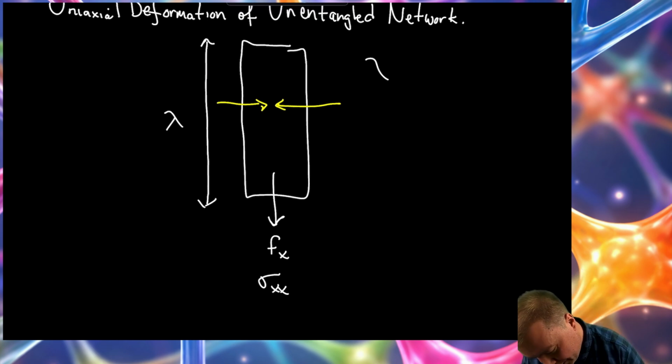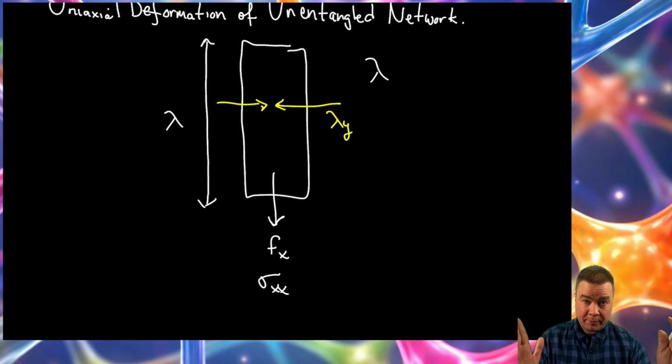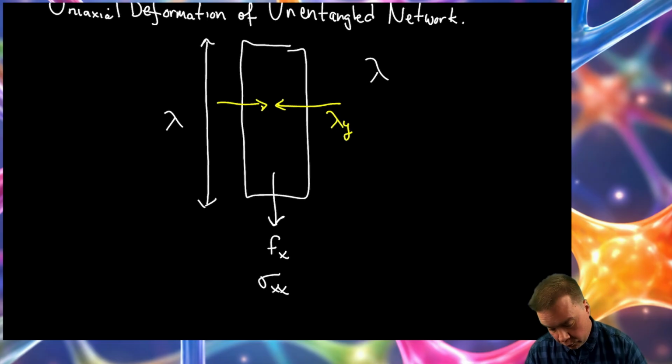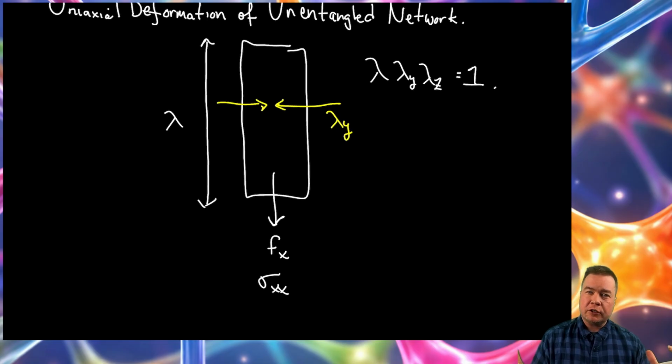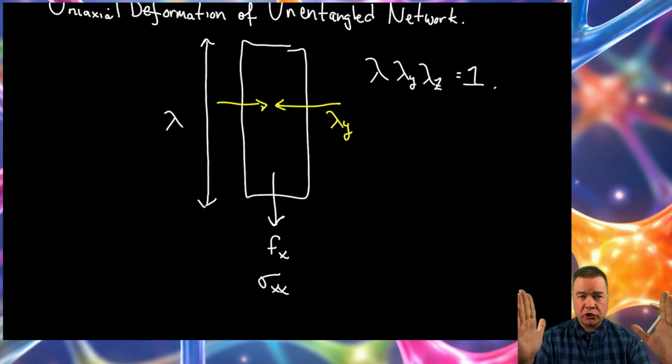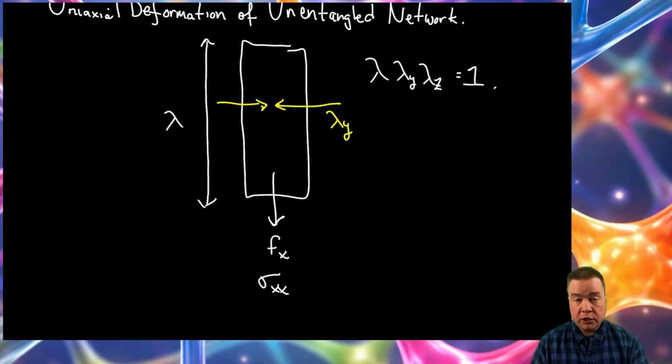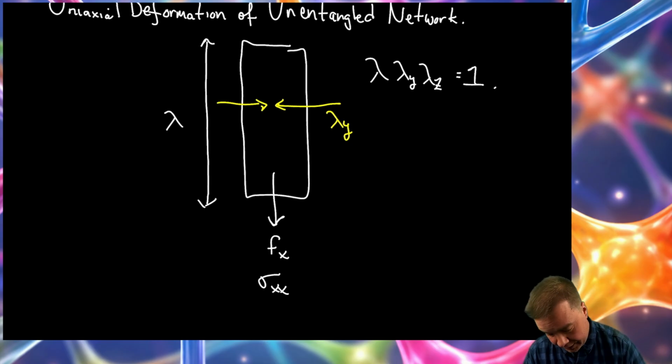And we know that lambda multiplied, in this case, let's say this was like lambda y, okay? So lambda is going to be bigger than 1, but lambda y and lambda z are going to be smaller than 1. Lambda times lambda y times lambda z must be equal to 1. And because the material is isotropic, the amount that the material is going to shrink in the y and the z directions should be the same, or we're going to assume that they're the same.